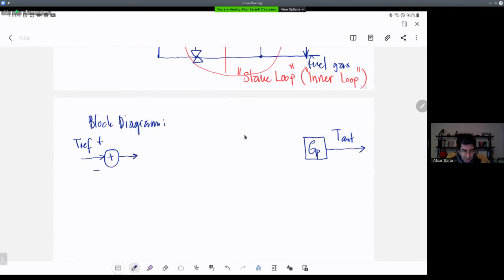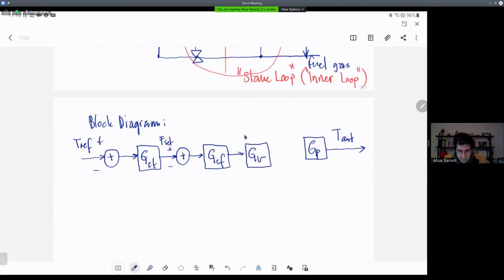At the outermost part, you have GCT, the temperature controller. The temperature controller specifies the set point for the flow controller, and the error in the flow drives the flow controller. Let's call it GCF.